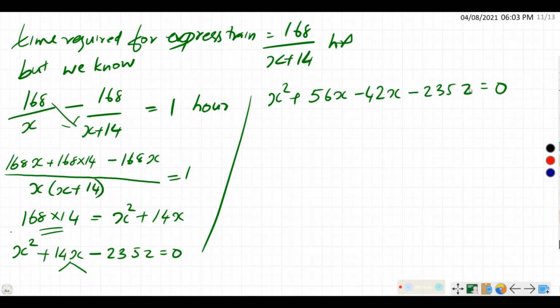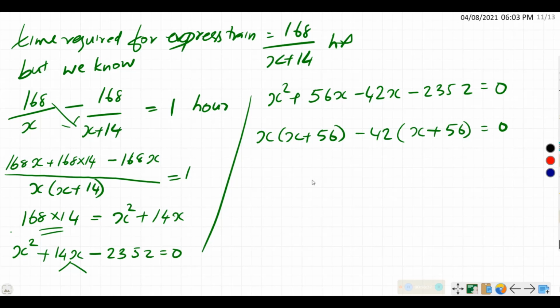Now we know how to do further. x plus 56 we have to separate out, and x minus 42. Now the answer can be in such a way that either x plus 56 should be 0 or x minus 42 should be 0.